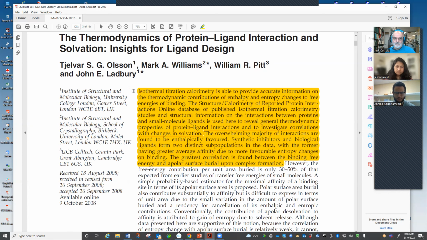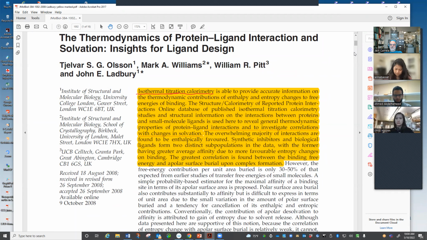So the first thing to notice is that all of the data in this paper is isothermal titration calorimetry. They discuss this a little bit in the methods and in the introduction.